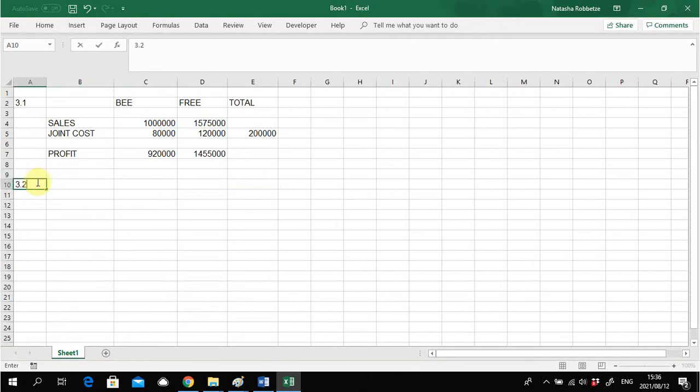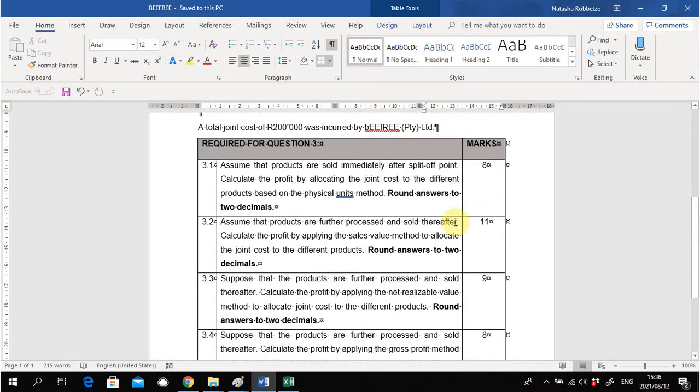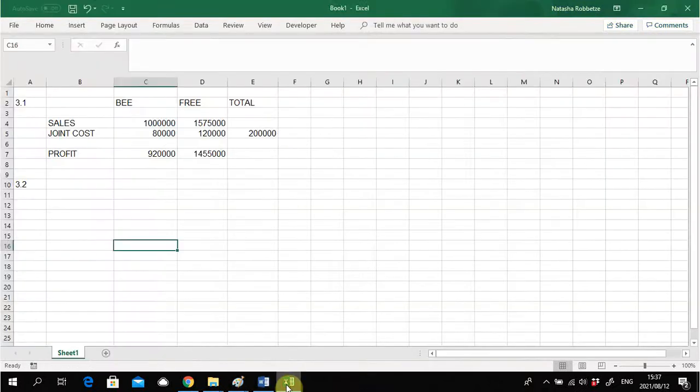We can move to 3.2. In 3.2, they say assume that the products are further processed and then sold. Calculate the profit when the sales value method is applied when the joint costs are allocated. So now we're going to use a different sales price.